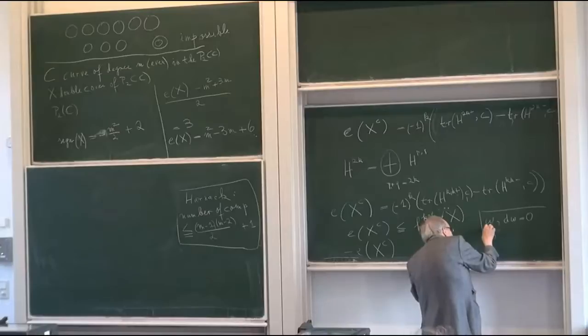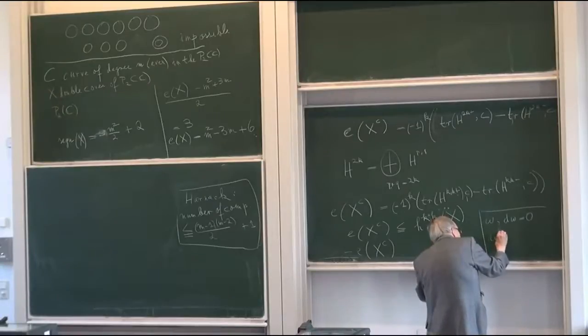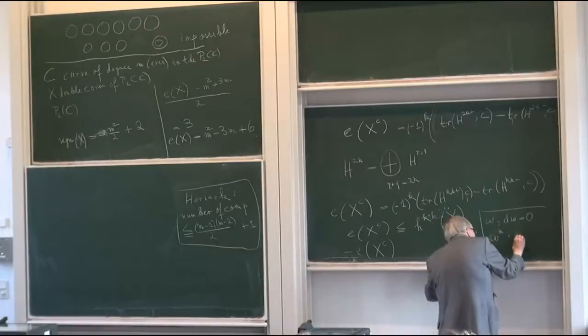This is represented by the fundamental form of the metric. So omega to the top dimension 2k would be positive, or we can normalize to 1. So omega k times omega k would be positive.